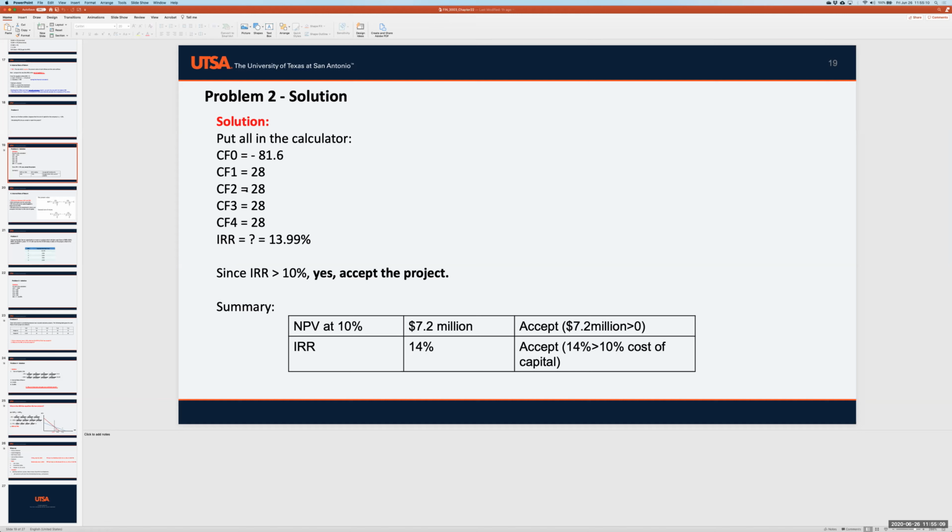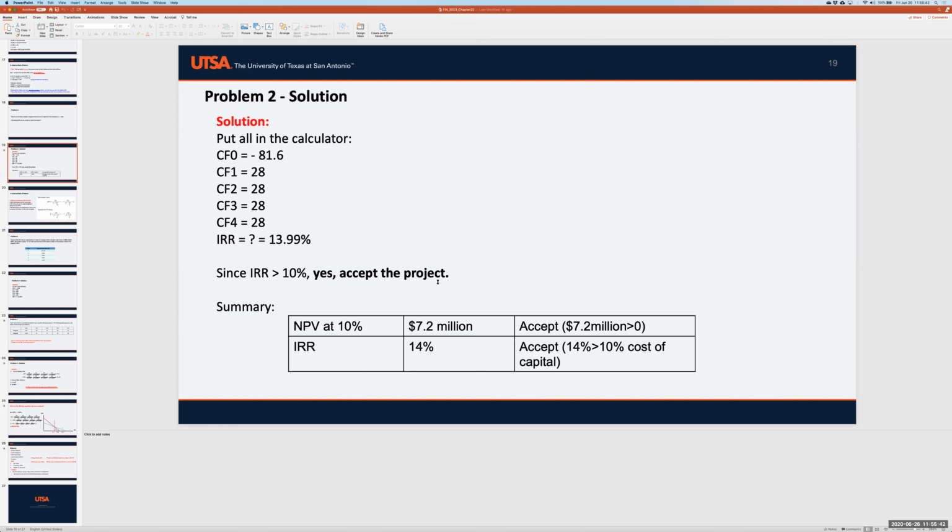So the cash flow is, today you're paying $81.6 million, and you get paid 28 for times 1, 2, 3, 4, and simply we need to find the IRR value that equates the NPV to 0. That's it. So if the IRR is greater than 10%, yes, accept the project.